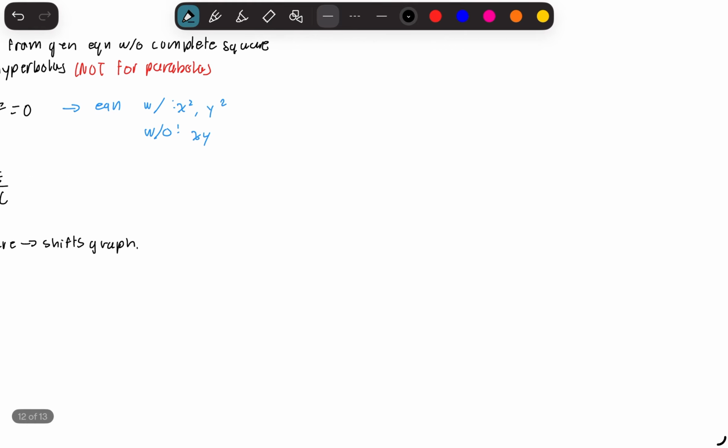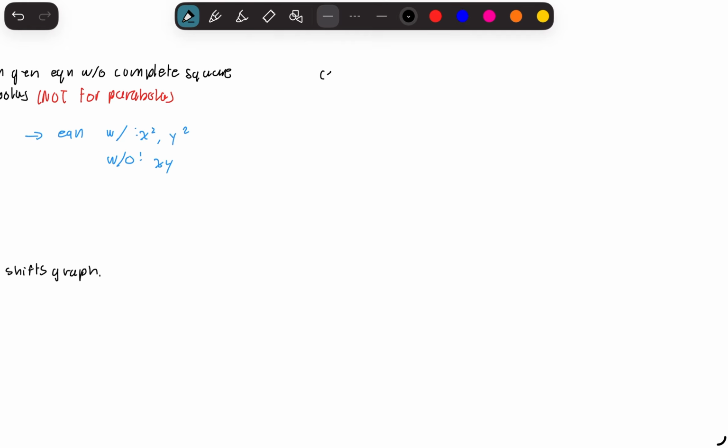And also, you can think of how the center is equal to 1/2 the linear coefficients with opposite signs. So for example, if you think about x squared minus 6x, you can find half of negative 6, negative 6 over 2 is equal to negative 3, so it's positive 3. So y squared plus 8y.